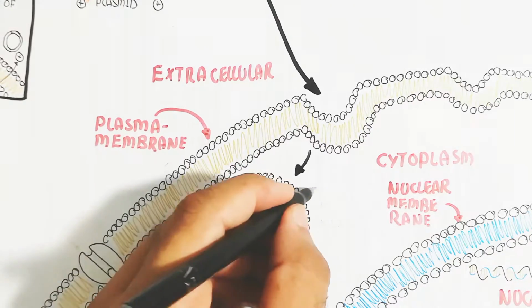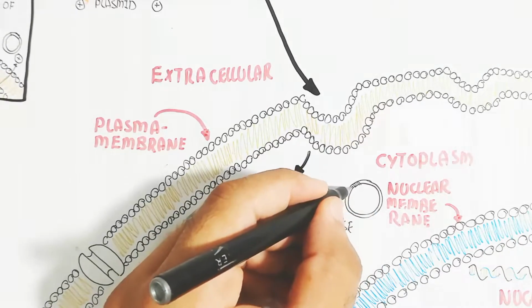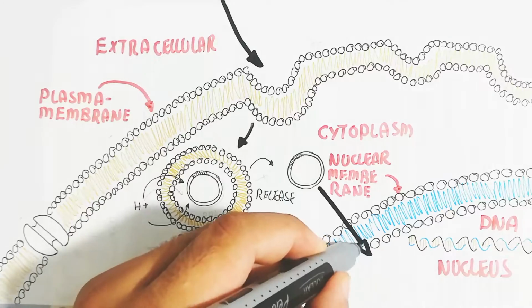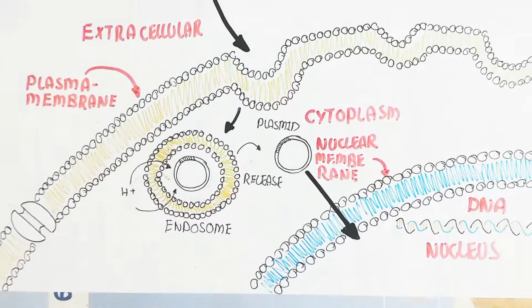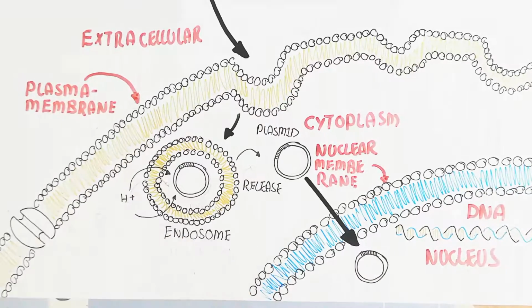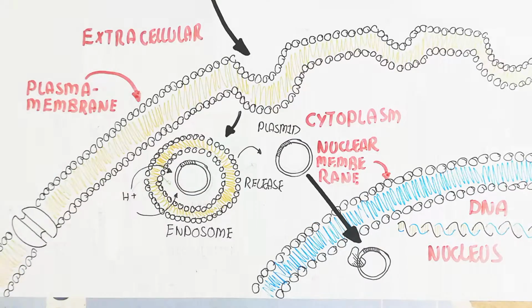In this endosome formation, the proton will move inside to decrease the pH and increase the acidity, which will release the plasmid into the cytoplasm. It will go either into the nucleus or remain in the cytoplasm for synthesis of messenger RNA, known as transcription, and translation to produce protein.